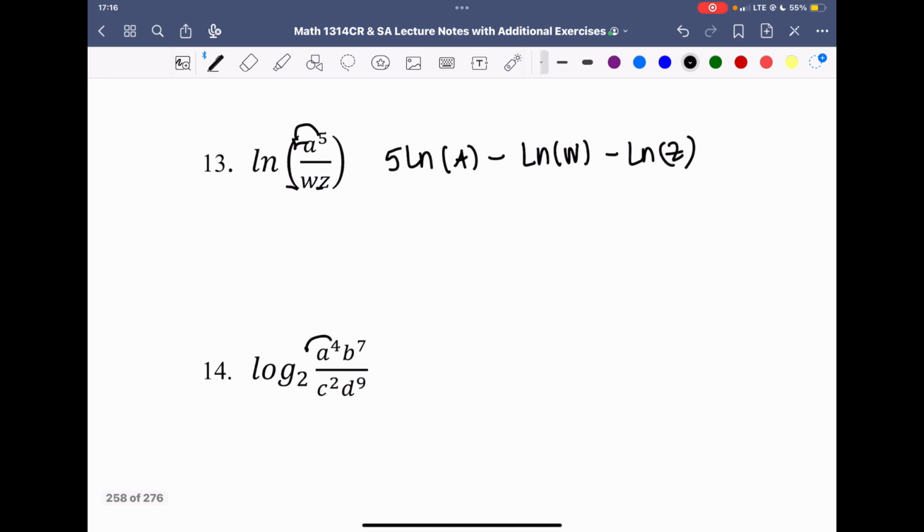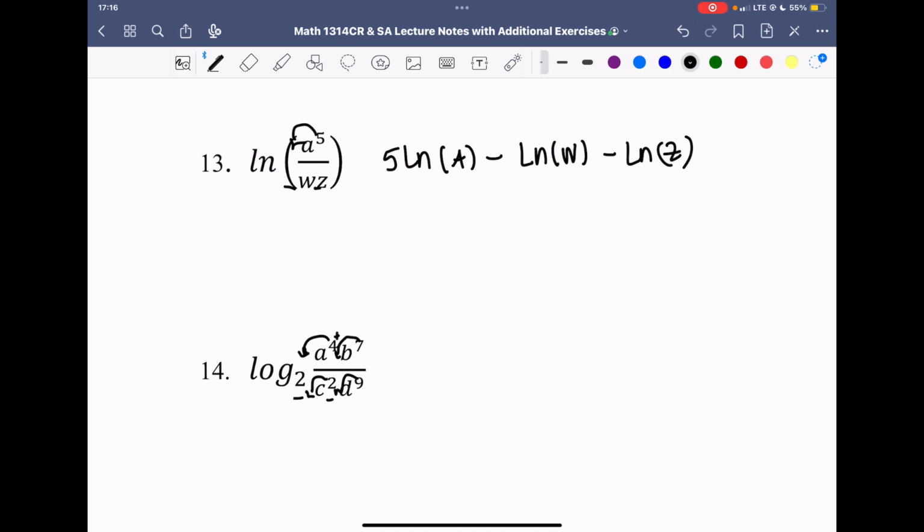This is going to go out in front. This will go out in front of the b, this will go out in front, and this will go out in front. But these are going to be negative. This is going to be positive. It's negative because the negative gets distributed to the bottom terms because of the division. So it's log, no, so it's 2, no, sorry, I better think again.